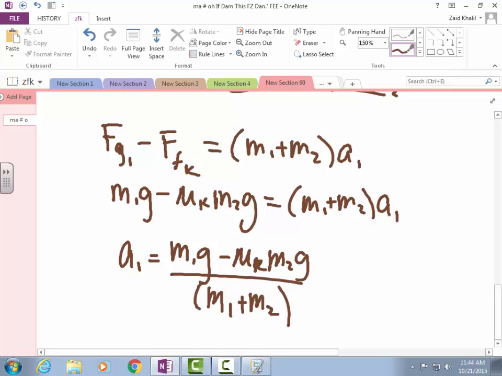Why? That's right. In other words, that acceleration cannot be negative. So this has to be a positive number. Otherwise, you would observe the system accelerate in the opposite direction. Not going to happen.